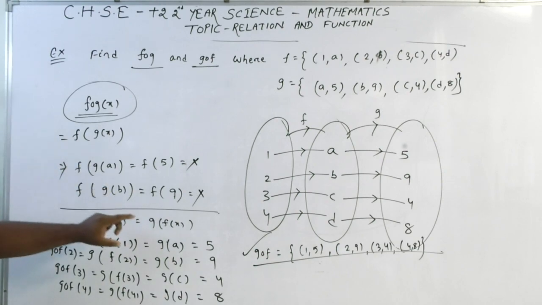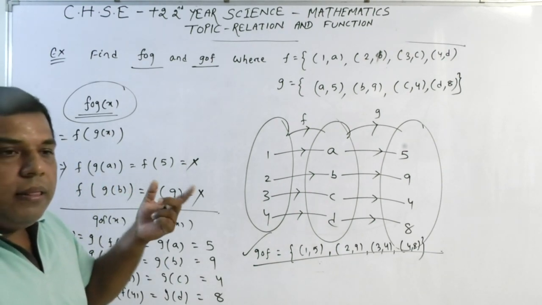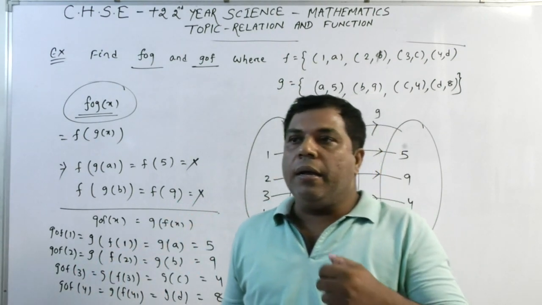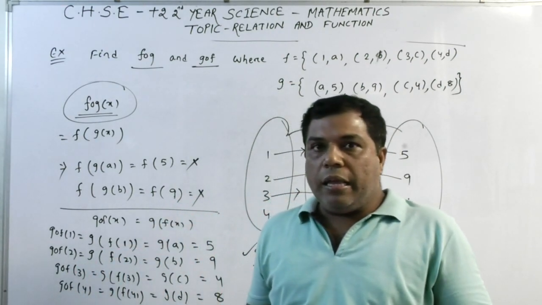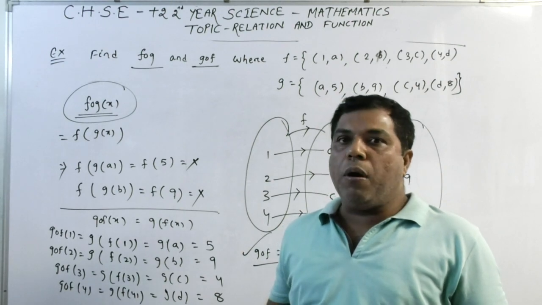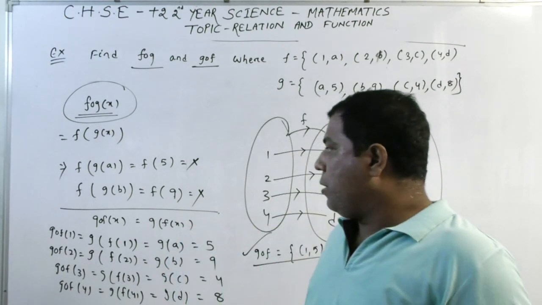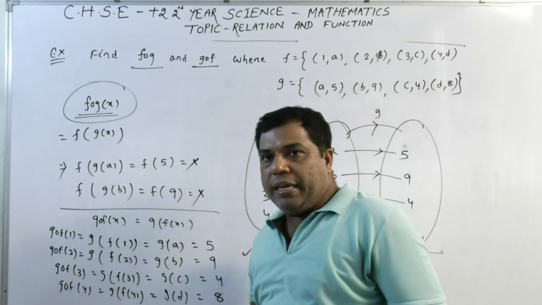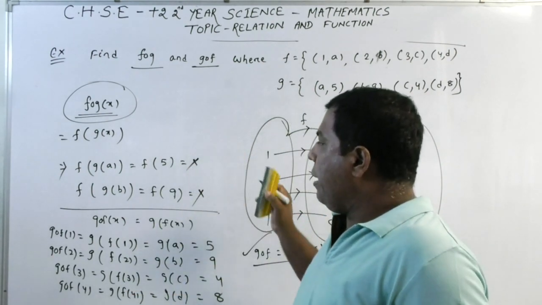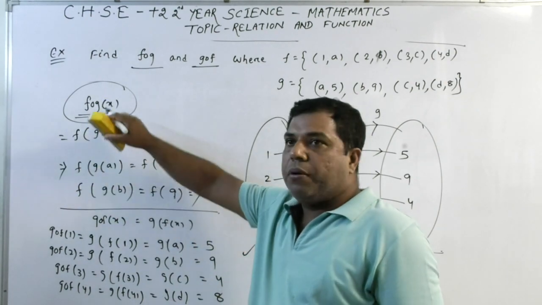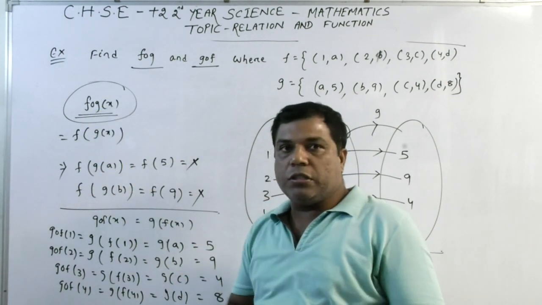So it is now clear that fog and gof may not be defined simultaneously. If both are defined, then fog and gof may not be equal to each other. So this is an example of composition of functions.